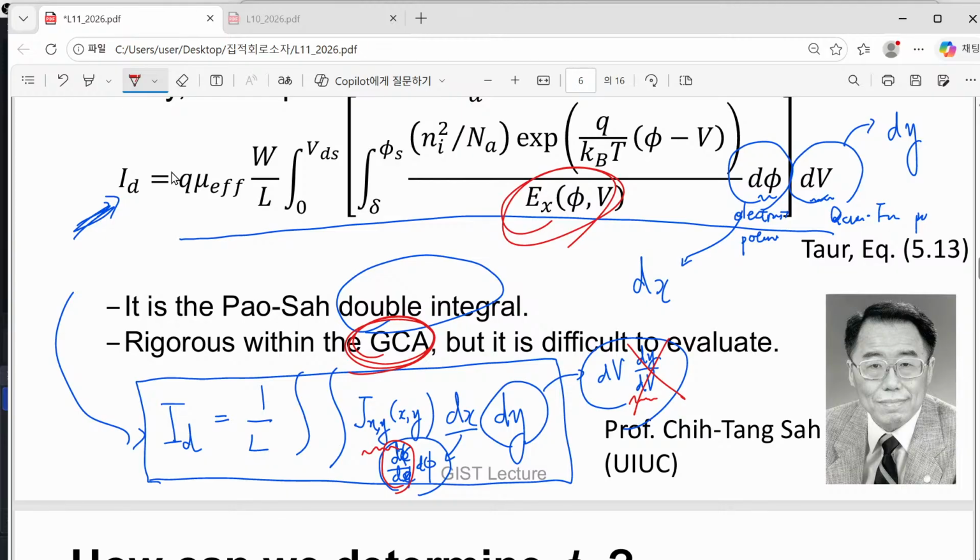That was the gradual channel approximation. But in the really long channel limit, that is really correct, and we can say that this corresponds to the real solution of our MOSFET.